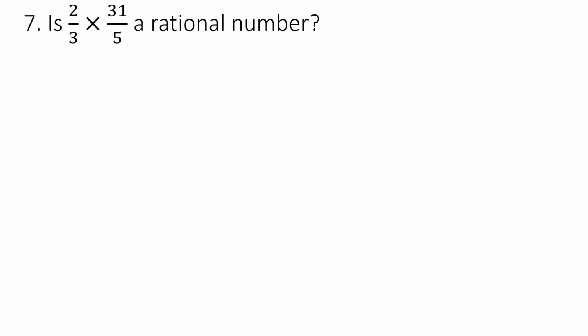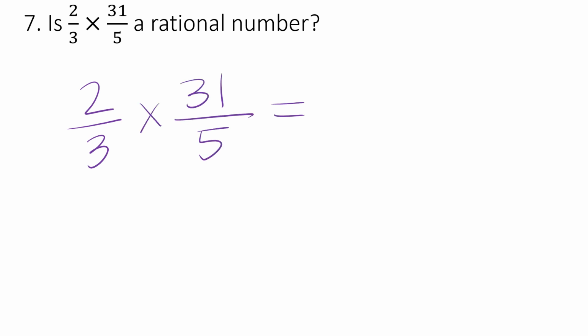All right, next we have: is 2/3 times 31/5 a rational number? Well, when we multiply fractions, we just multiply the numerators and multiply the denominators. I know the denominator, 3 times 5 is 15.